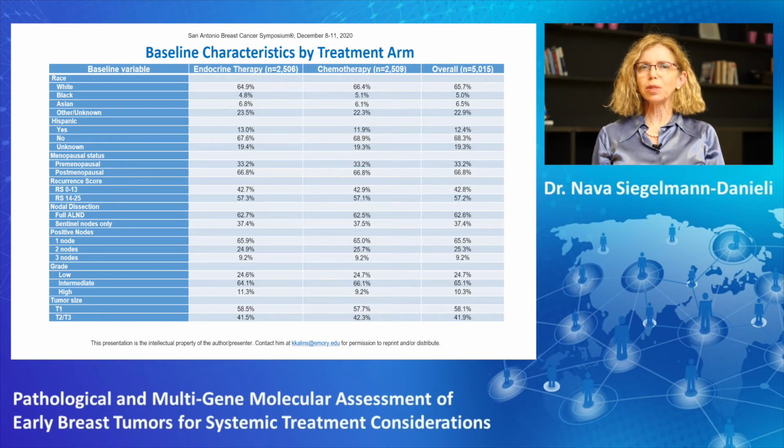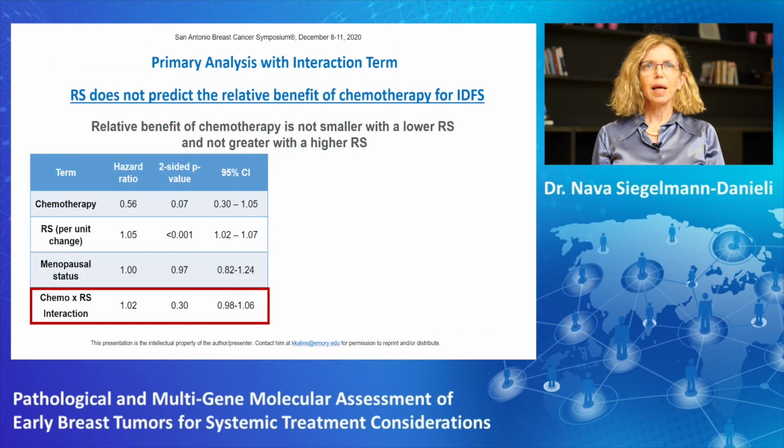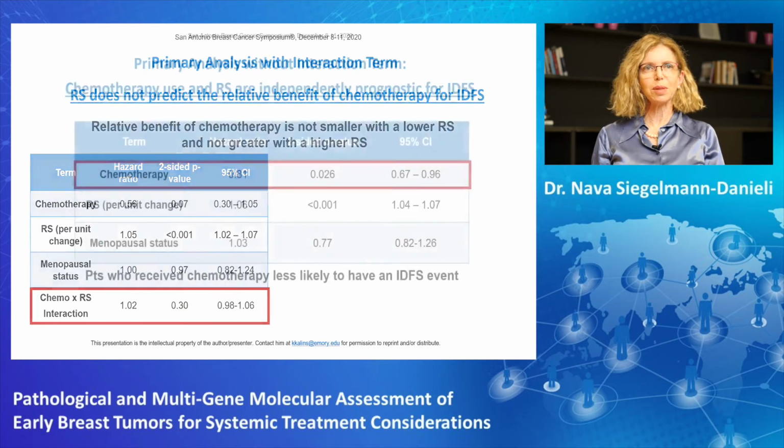The majority of patients, about 92%, had 1 to 2 involved nodes. Only 9% had 3 involved nodes. And they didn't show that chemotherapy and recurrence score interact, which means that they couldn't prove that the higher the recurrence score, the more benefit you see from chemotherapy.